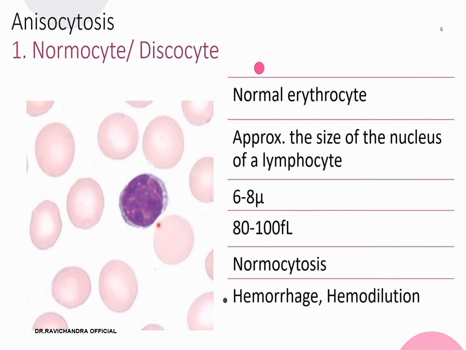It is a normal erythrocyte. Approximately the size of the nucleus of a lymphocyte is equal to a normal erythrocyte. It is around 6 to 8 microns, and the mean corpuscular volume or MCV will be 80 to 100 femtoliters. The condition of normocytes is called normocytosis. It is seen in hemorrhage and hemodilution.